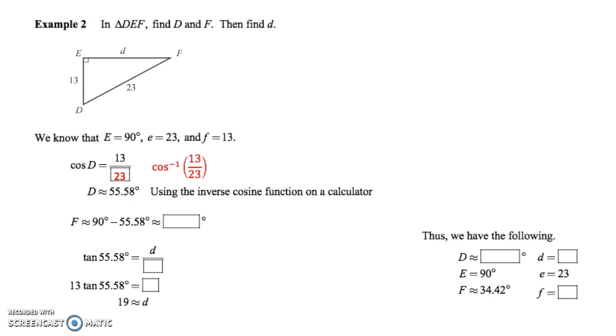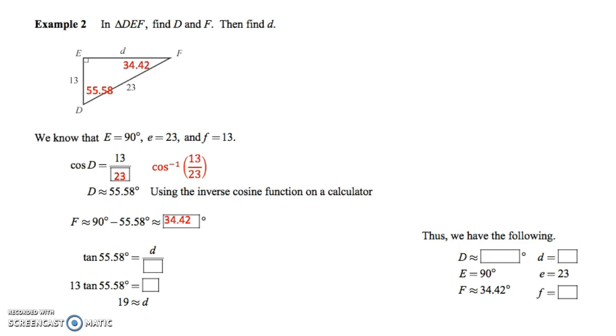And if we use the cosine inverse of 13 over 23, we see that the angle measurement is approximately 55.58 degrees. Knowing that, we can use what we know about right triangles and the measurements of their angles and subtract 90 minus 55.58 degrees to obtain that angle F is 34.42 degrees.